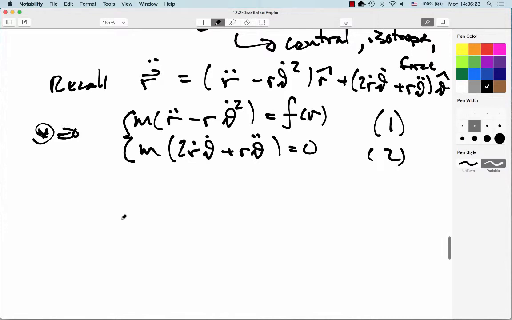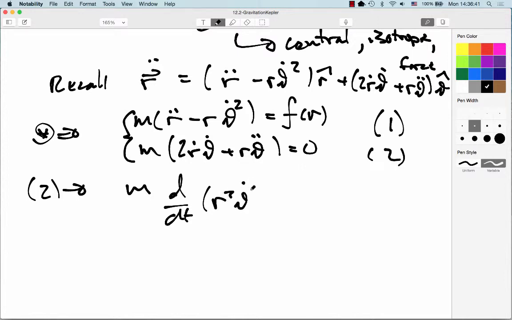Since equation 2 equals 0, let's play with it first. So equation 2 is telling us that this is mass times, well, if you think about this, d/dt of r squared theta dot.